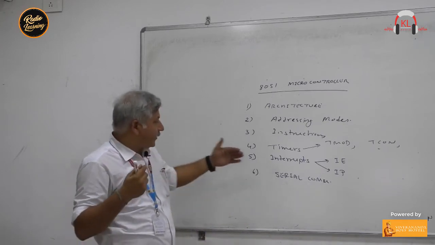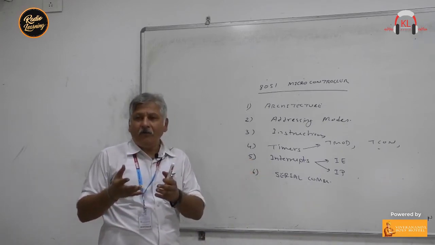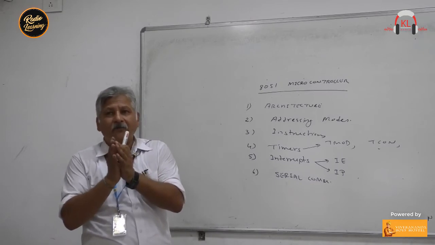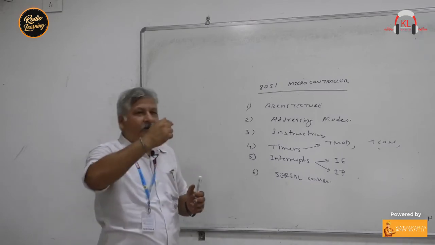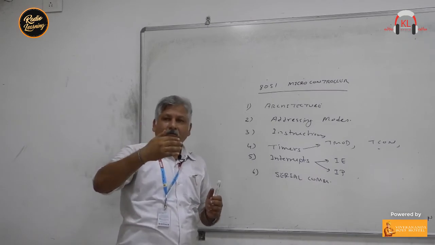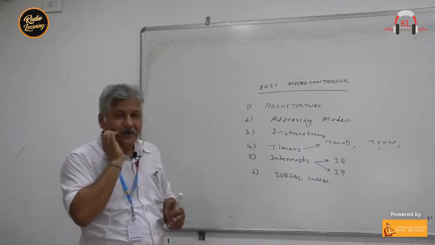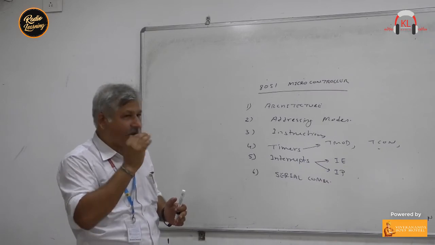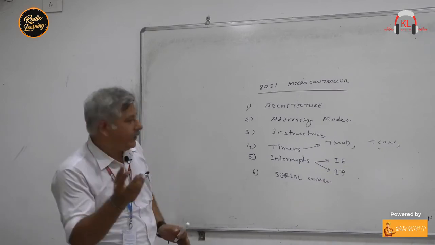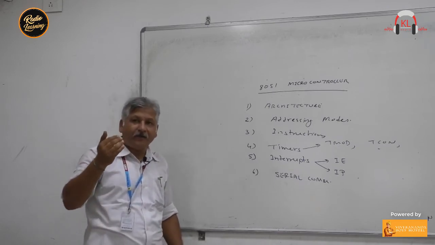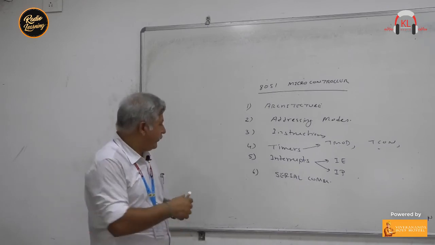So for that transmission, what control value should we load in the timer register, right? So that transmission or reception of the data at 9600 baud can be done. For that, you have to load some control value in timer 1. So what should be that value? You have to study that also.